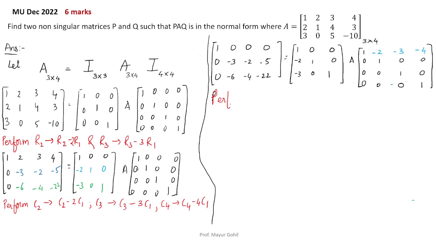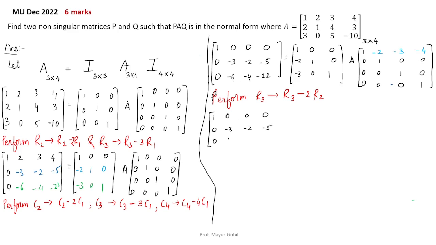Now we will perform here R3 changing to R3 minus 2R2, right? 1 0 0 0, 0 minus 3 minus 2 minus 5, and here I get 0.